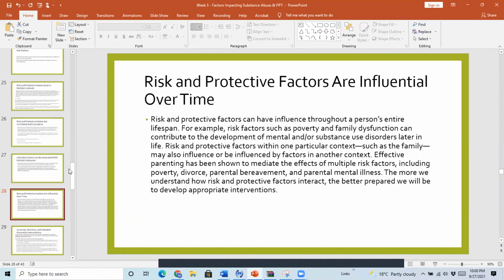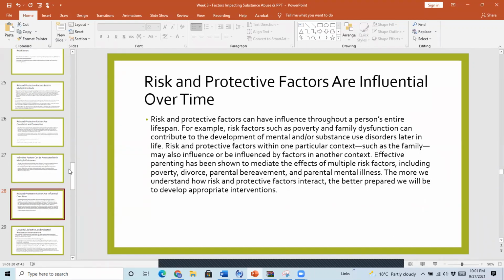Now, when you examine this situation, you go through your whole life in this environment, in this sort of social setting, and these factors, whether risk factors or protective factors, can influence your entire life, positively or negatively.